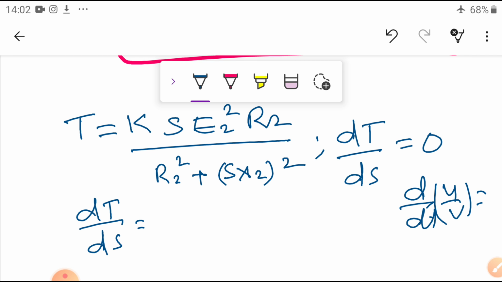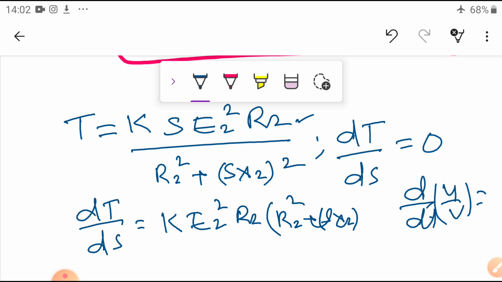What is the first differentiation? You take the K into numerator and differentiate: S becomes 1, so it becomes E2 whole square R2, and you substitute this value over R2 whole square plus Sx2 whole square.